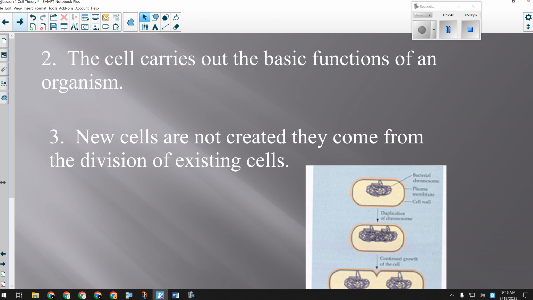Okay, so the second point is the most important because we come back to it a lot.